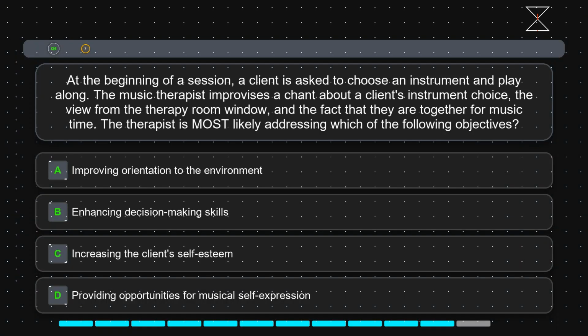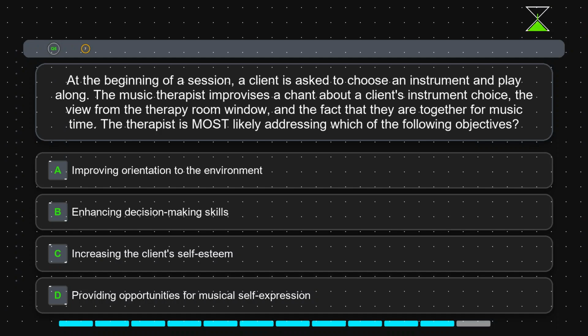Question 6. At the beginning of a session, a client is asked to choose an instrument and play along. The music therapist improvises a chant about the client's instrument choice, the view from the therapy room window, and the fact that they are together for music time. The therapist is most likely addressing which of the following objectives? Option A, improving orientation to the environment. Option B, enhancing decision-making skills.